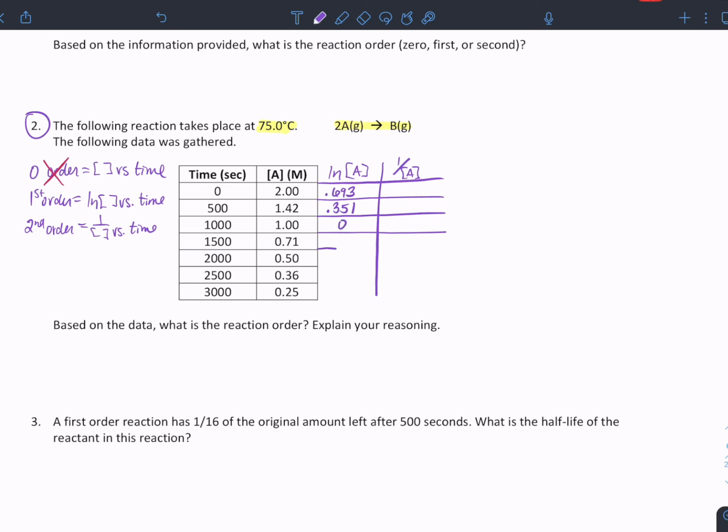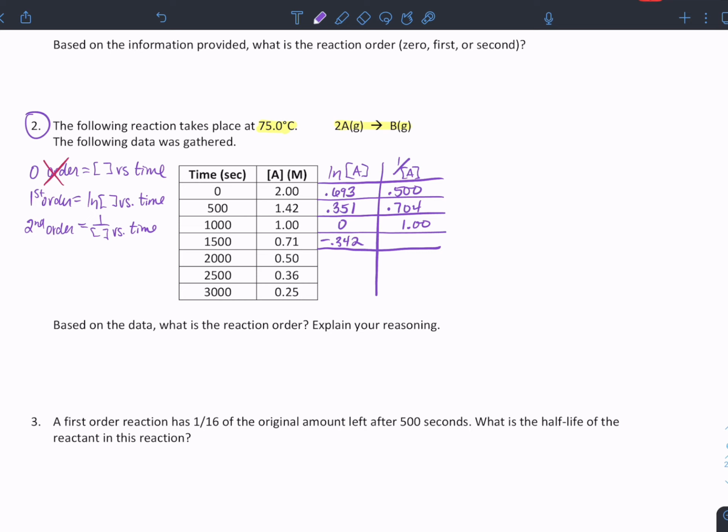Let's do one more. And then the natural log of 0.71 is going to be negative 0.342. Okay, let's go. Inverse of 2 is obviously going to be 0.5. Let's make that 0.500. Inverse of 1.42 gives me 0.704. 1 over 1 is 1.